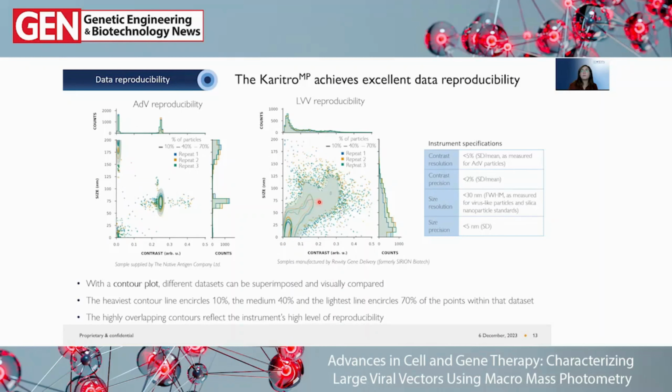And the same is true for 40% and 70% of the data. This shows you effectively that these data are quite reproducible, and repeated measurements show the same values in the various regions of the plot, which is very powerful. And the same can be said also for the adenovirus samples, where you have the same values produced over the triplicate measurements.